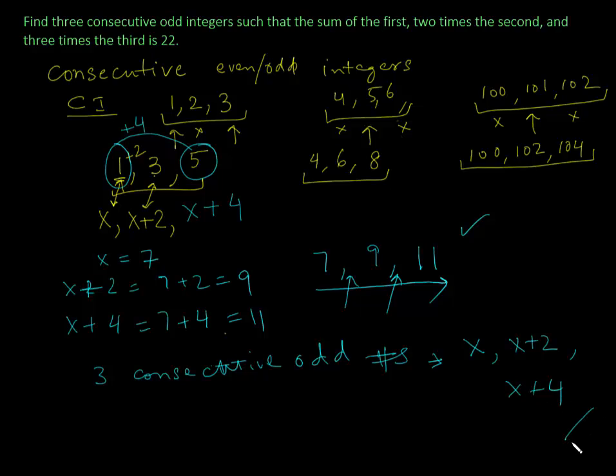Now this was just an overview of consecutive even or odd numbers. If you're familiar with it, you can skip all this and go to the next part. But if you're not familiar with consecutive even or odd integers, pay attention to this first part of this video. All right, now let's get to the question.